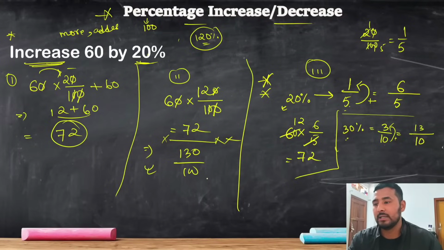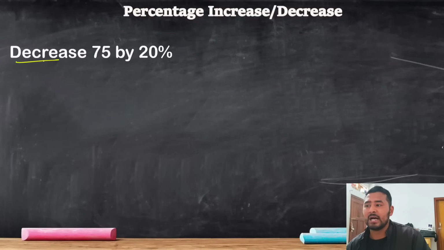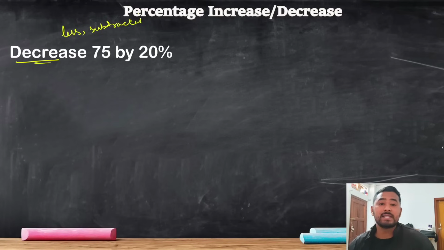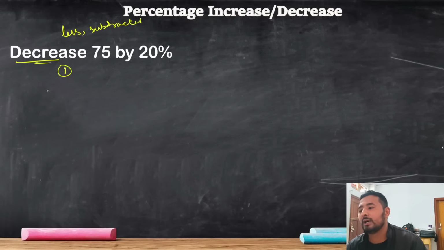So let's see the next one. Decrease. Now if you get decrease, less, or you can say subtracted, in this case what we'll do, we will minus with the numerator. Okay, so let us see. First method, same way. How you'll do? 75 into 20 by 100, and also it is subtract, right?